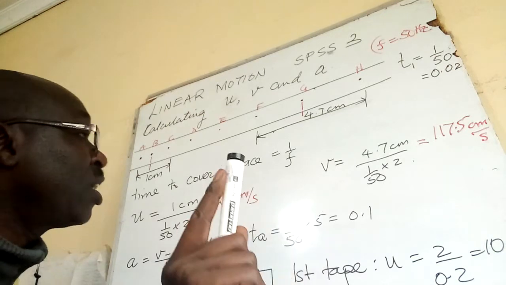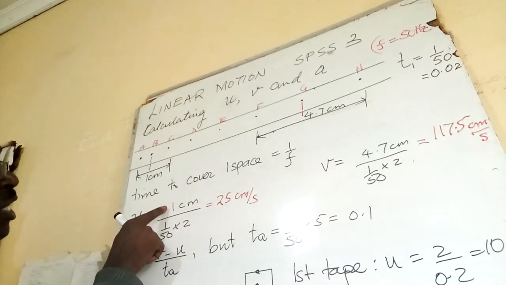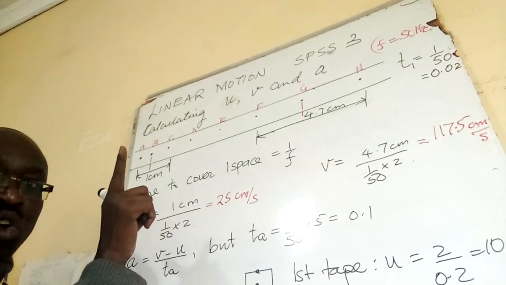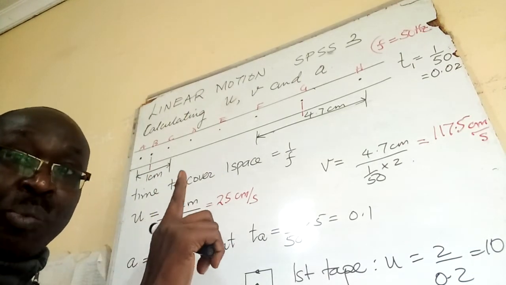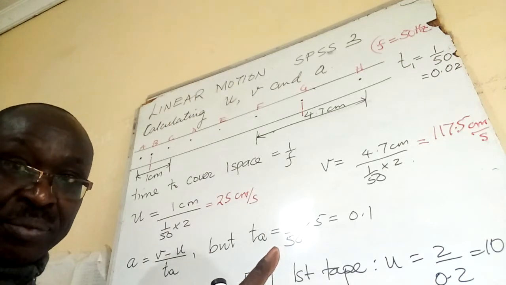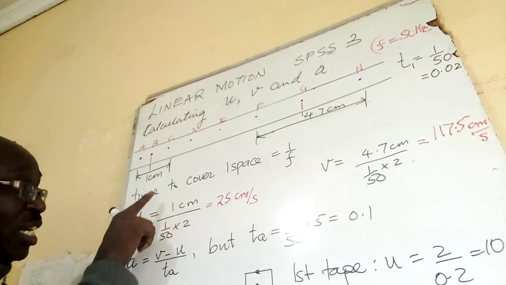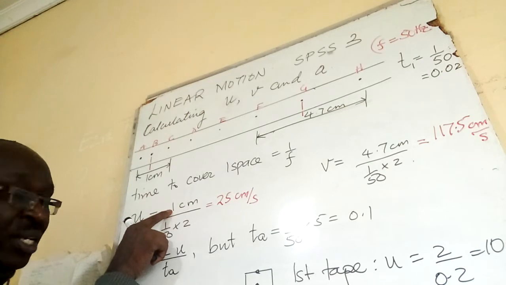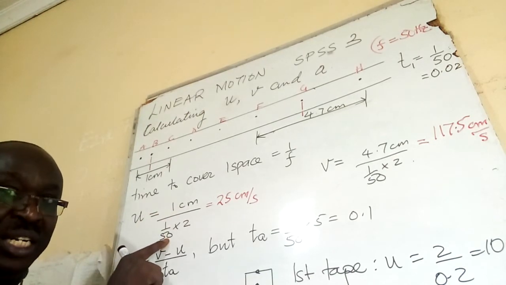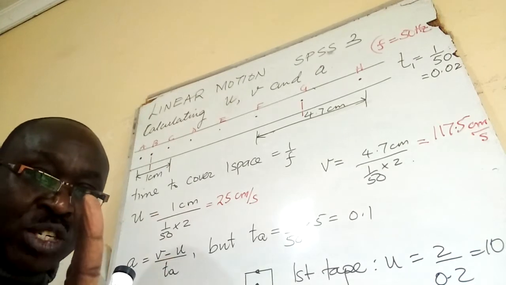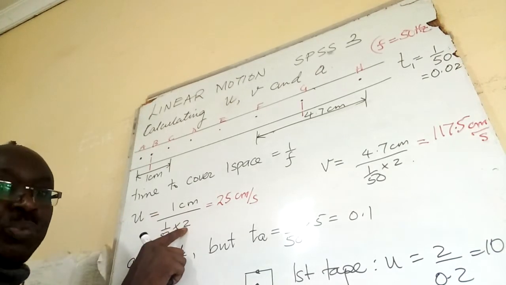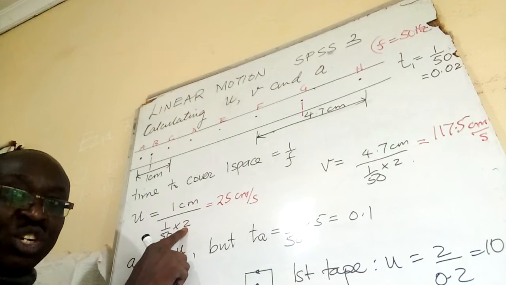So distance is always given, or directly, or by use of scale. In my case, it has been given directly. Then time, you can see I've written here 1/50, time for one space, but I have how many spaces between A and C? 2.